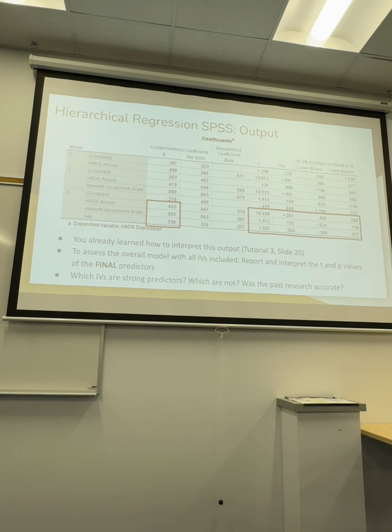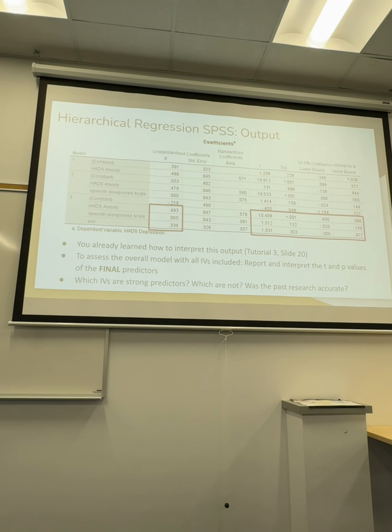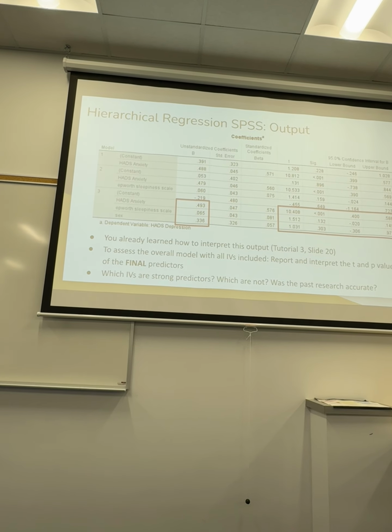We are only reporting what we call our final model, which is number 3, with all 3 variables in it. You can see here, it's model 3. It has constant, anxiety, sleep, and gender. If you look up, they get smaller, but missing stuff, right? So, what we got to do now is interpret that information. It's going to take me a hot second to write it all down, but that's okay.